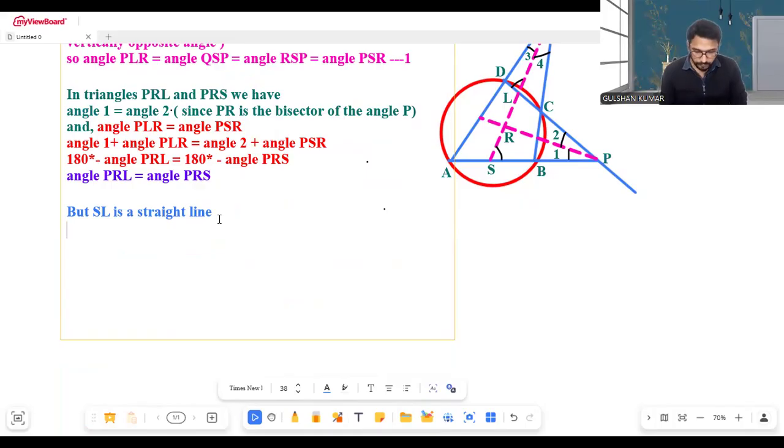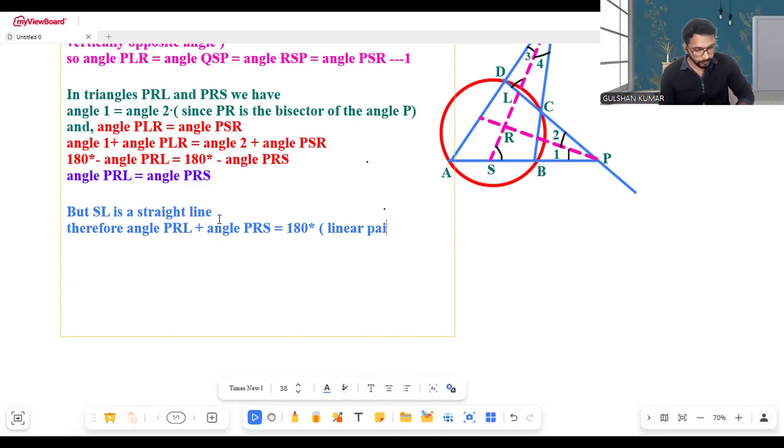Therefore, angle PRL plus angle PRS will be equal to 180 degrees because of linear pair.